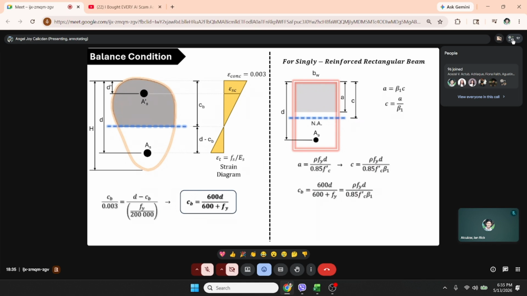And equating this with the cb we got, 600d over 600 plus Fy, you'll derive your rho balance equal to 0.85 fc prime beta 1 over Fy times 600 over 600 plus Fy. So, the pattern here is 0.85 fc prime beta 1 over Fy repeating, then this other part comes from the c. So, 600 over 600 plus Fy.